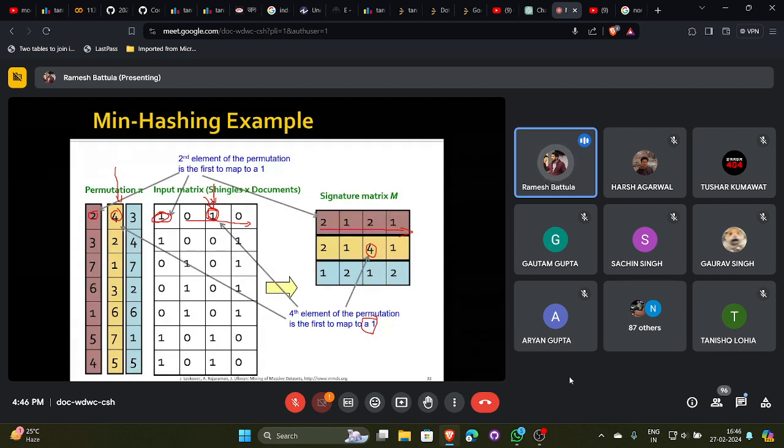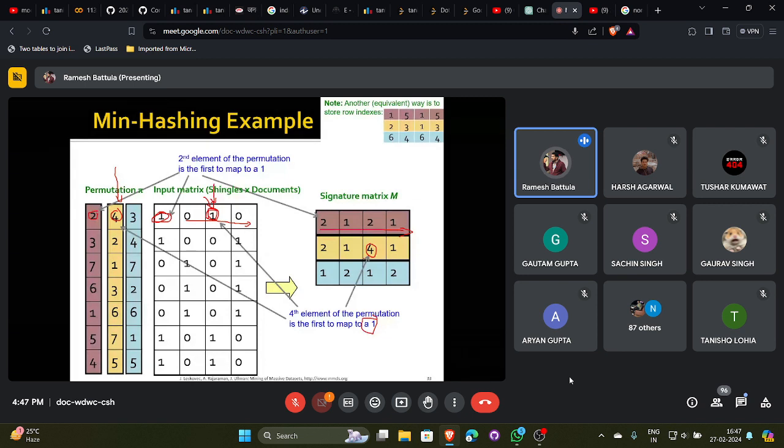Again, you have to choose one more permutation. In that permutation, what values are you supposed to find? Here you need to observe why we find 1, 2, 1, 2 like this.